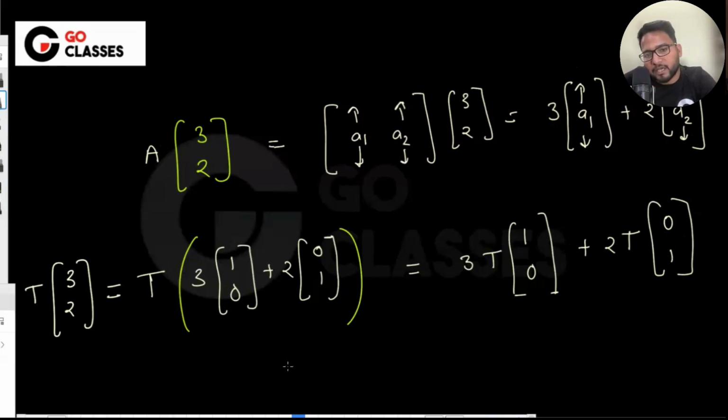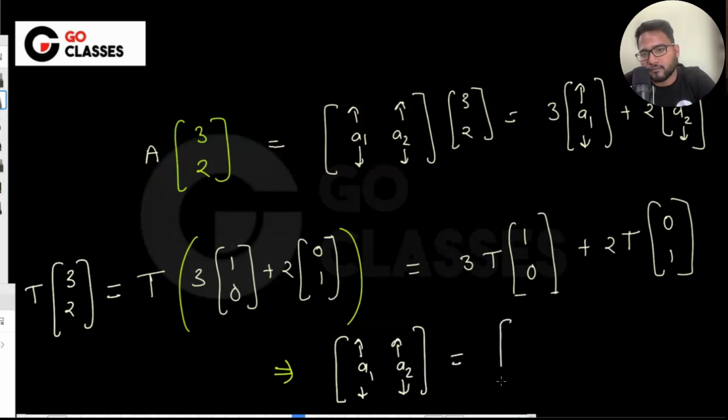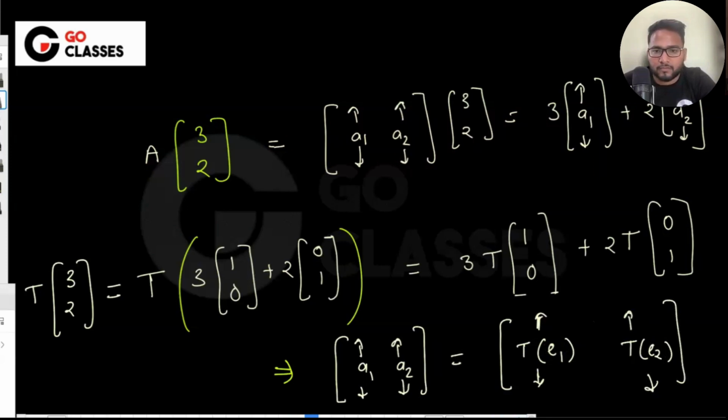So basically from here you can easily see that the A1 and A2 are the same as the transformation of the basis vectors only. Okay. So A1 and A2 are the same as the transformation of the basis vectors.